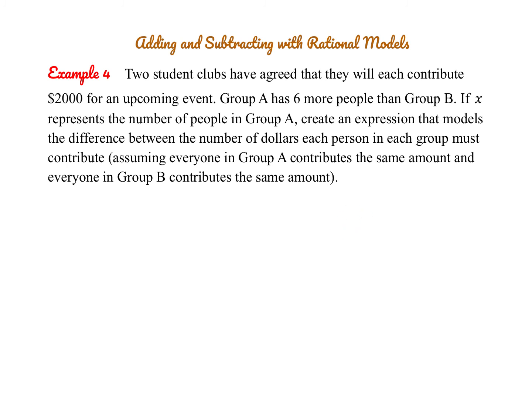So we have a Group A and Group B. And again, they ask for the difference between how much each person in each group is contributing. And we are going to assume that every person in Group A is going to contribute the same amount and every person in Group B is going to contribute the same amount.